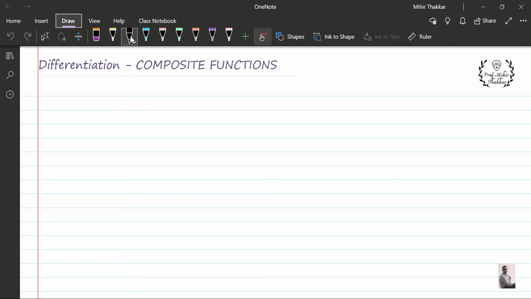Today we are learning differentiation of composite functions. Now when we talk about composite functions, the very first thing that we should know is the meaning of the word composite function.